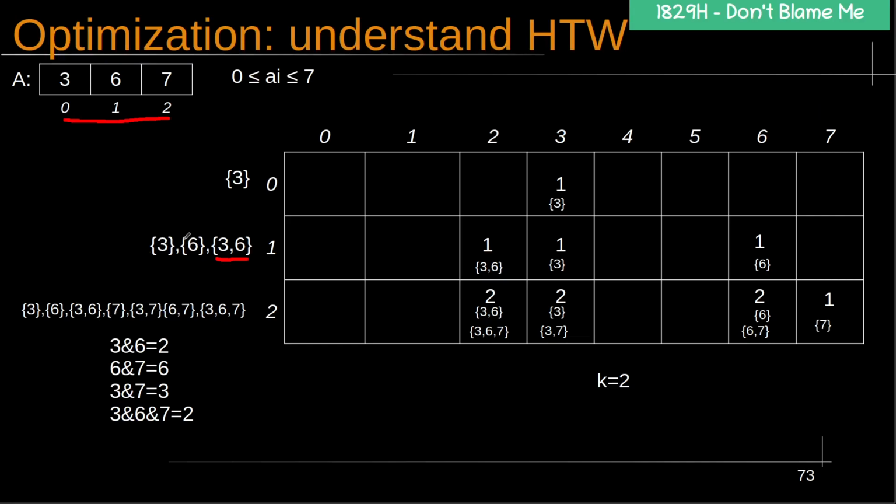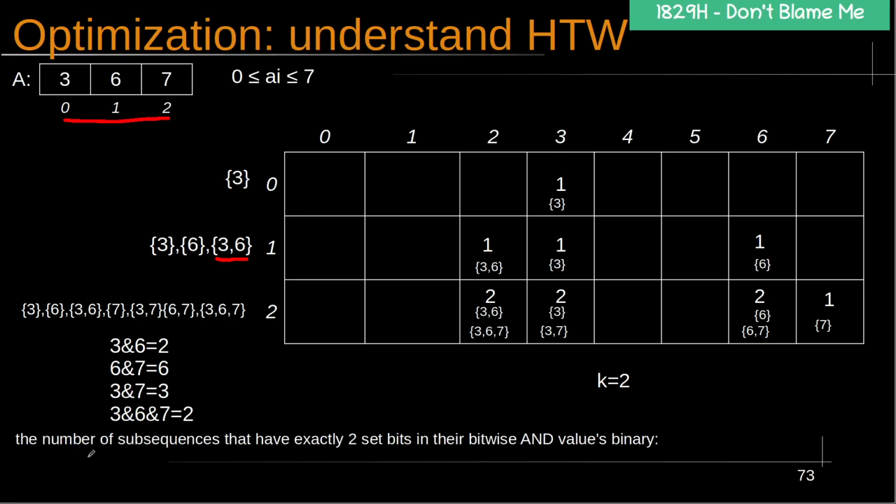So how do we compute the result? We have k equal to 2. We compute the number of subsequences that have exactly 2 set bits in their bitwise AND values.